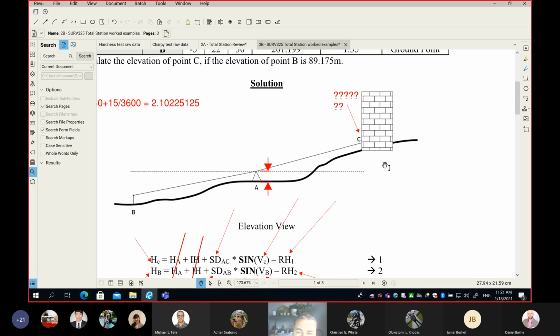From the elevation of point B, I run my measurement. I find the elevation of point C today. If I come back after a month and repeat the same measurement and find another elevation of point C, okay? What do you think? Where is my deformation?